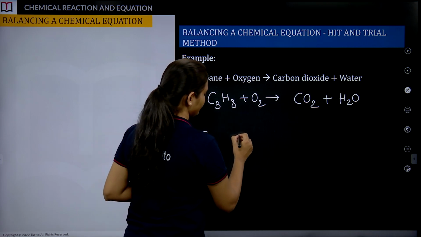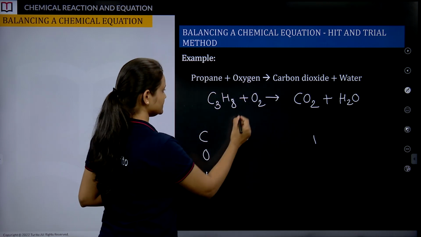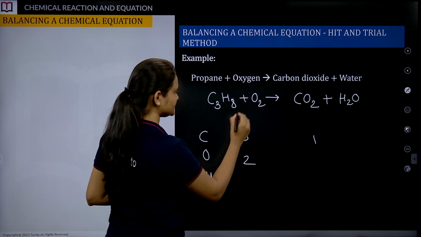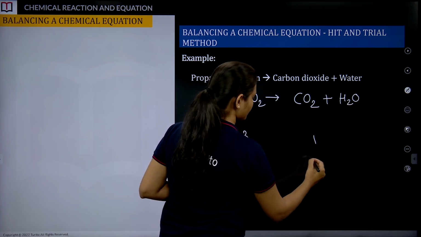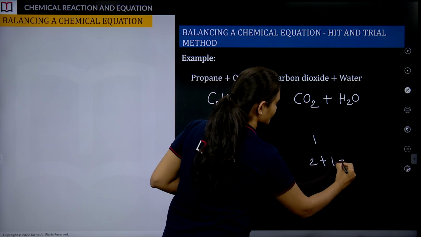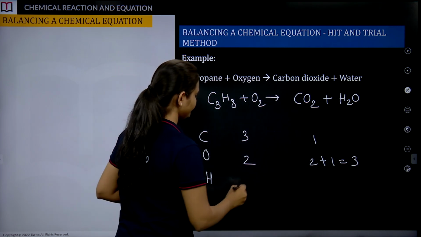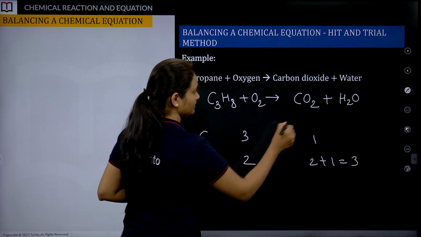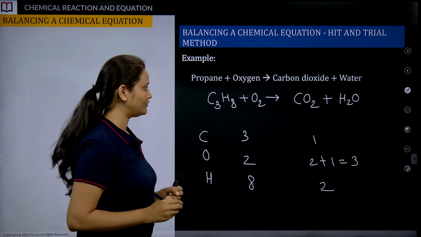Carbon: there are 3 carbon, here only 1 carbon. Oxygen: 2 from CO2 and 1 from water, so 3 oxygen. Hydrogen: 8 hydrogen are there, whereas here we have only 2 atoms of hydrogen.